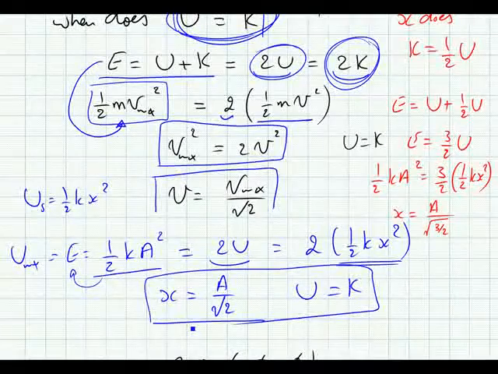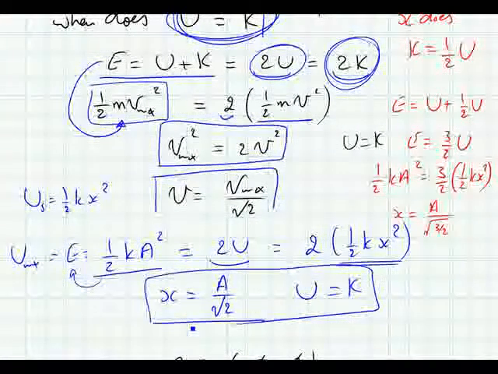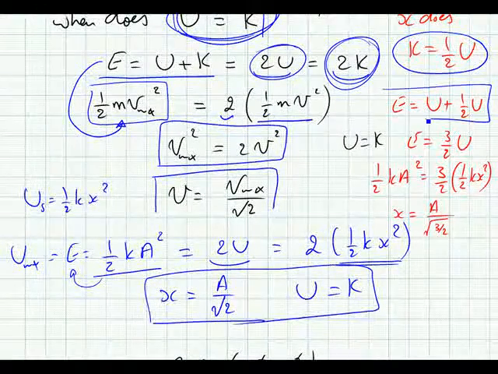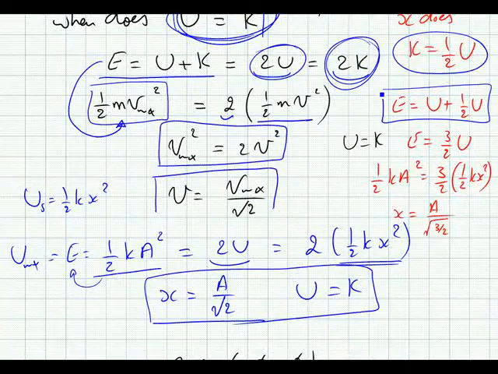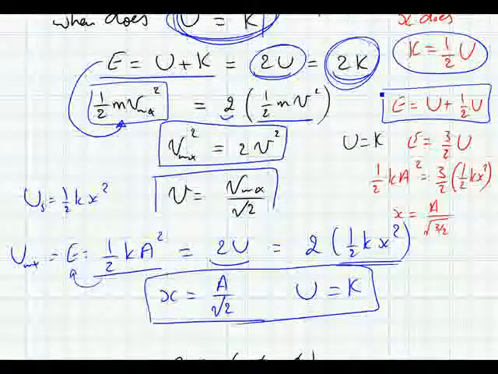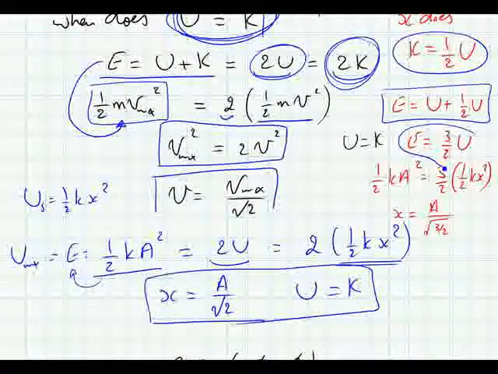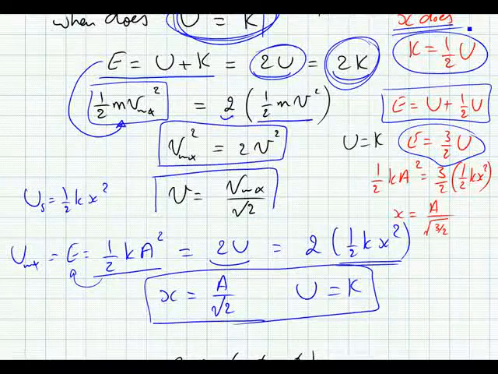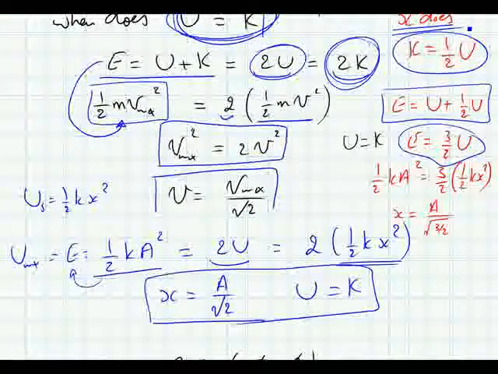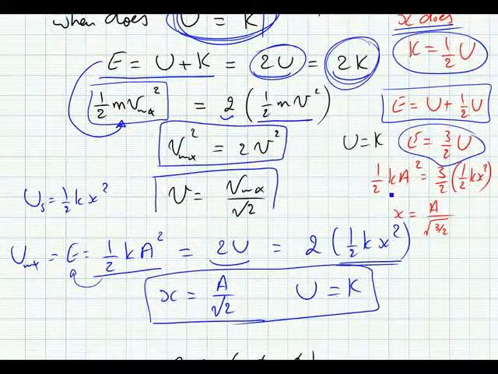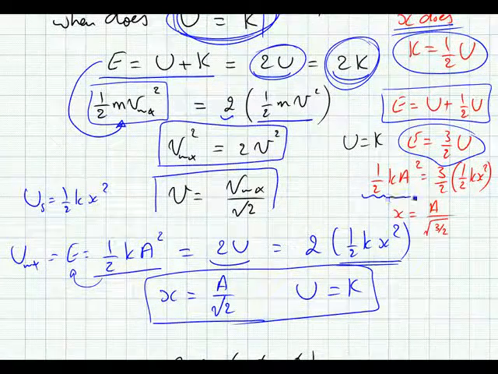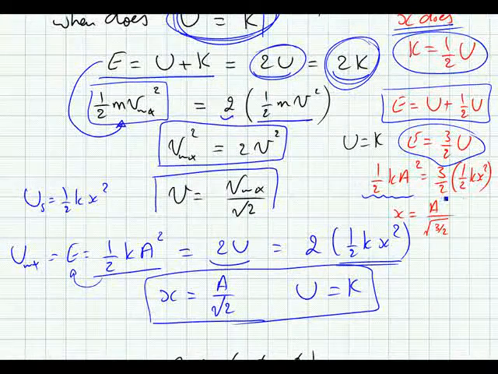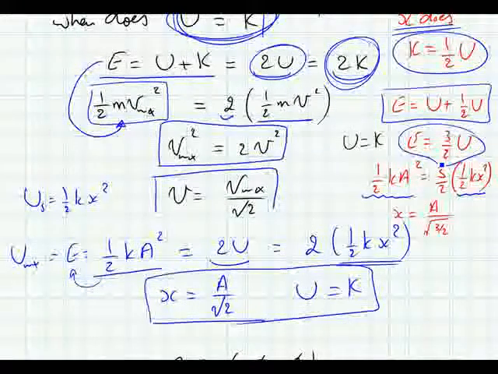Now of course you can use this line of argument to figure out, for example, when does kinetic energy equal 1/2 of U. Simply write your total energy as U plus half of U, where half of U is K. And so E is equal to 3 over 2 U. Since we're interested in at what position kinetic energy equals 1/2 of potential energy, use the potential energy relationship, where total energy is 1/2 k a squared, and U of course is 1/2 k x squared, and 3 over 2 is the factor we just figured out from above.